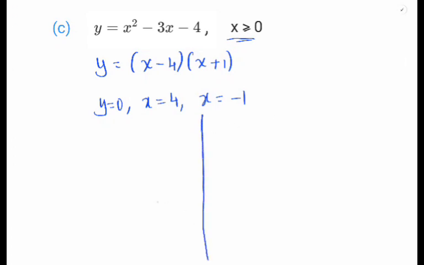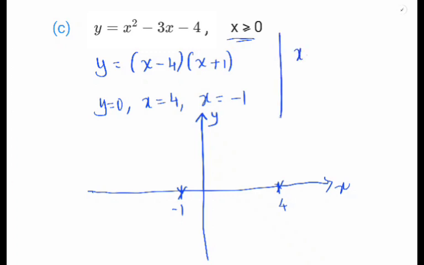Let's see what happens. Let's say this is x here and this is y. x equals 4, so it intersects somewhere here, and this is negative 1. So these are the two important points. The midpoint here will be x equals (negative 1 plus 4) divided by 2, so 3 over 2.